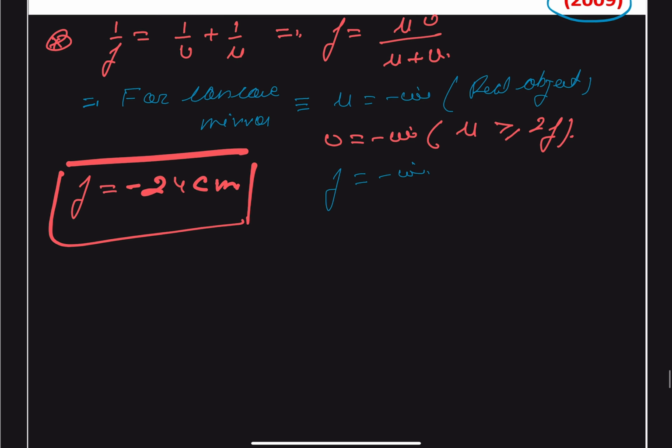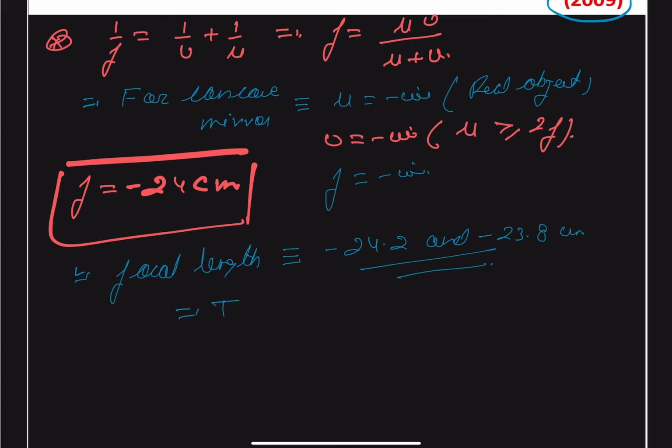So based on this we can say that our focal length should be lying between minus 24.2 and minus 23.8 centimeters. And if the focal length lies between these two values, then the data set is correct.